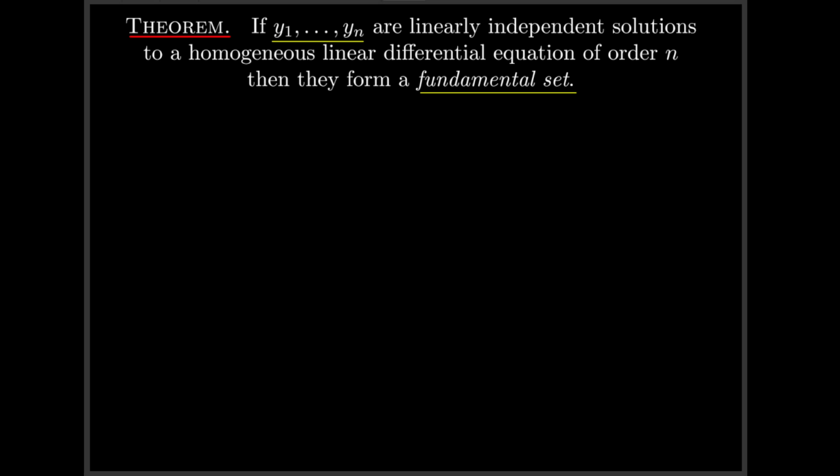So the thing that we wanted to prove is to show that if we are given any n linearly independent solutions to a homogeneous linear differential equation, then in fact they form a fundamental set.